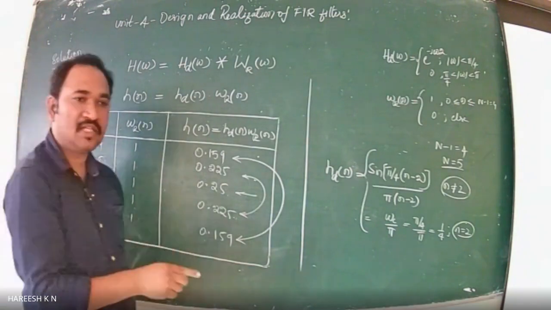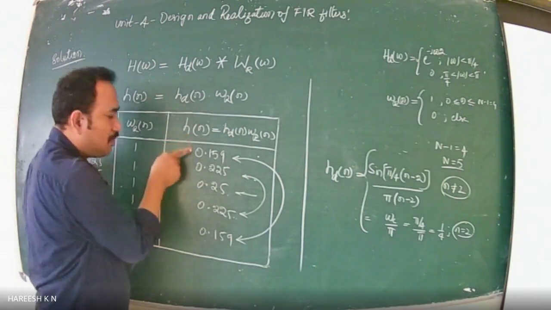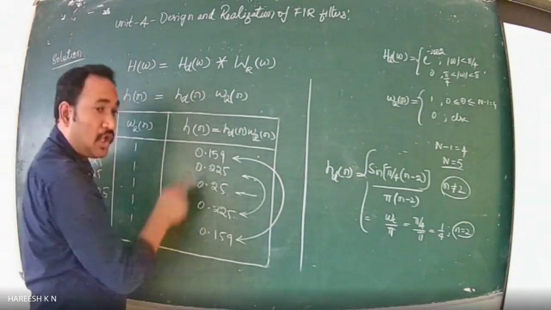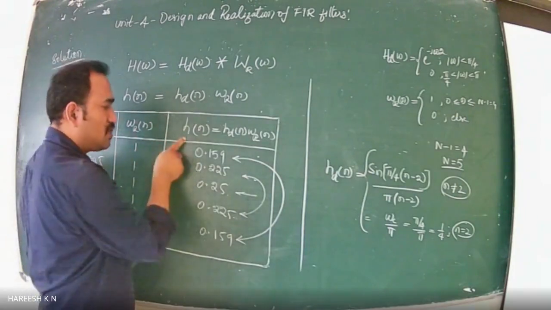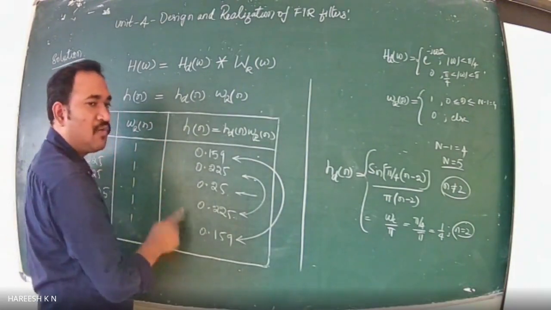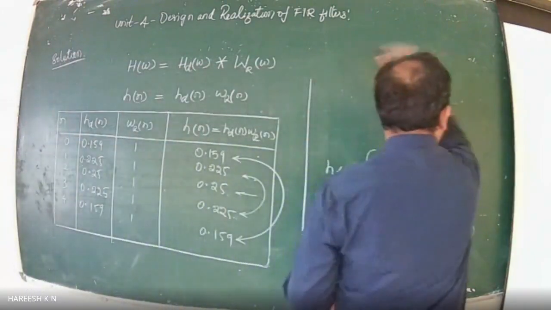As we have discussed, if the impulse response is symmetric in nature, the cosine term will be there for HR of W, isn't it? Therefore, since this is symmetric and n is odd, what will be our HR of W?